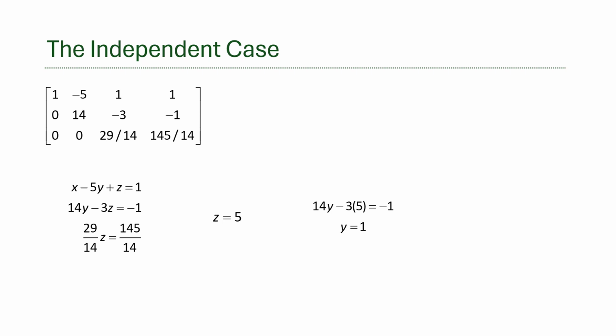I'm going to take that 5, substitute it into the next equation up, solve that equation for y, and we get y equals 1. And now I'll do it one more time. Go back up to the top equation. I'm going to put 5 in for z, 1 in for y. We solve that equation, we get x equals 1. And there's our complete solution: 1, 1, 5.